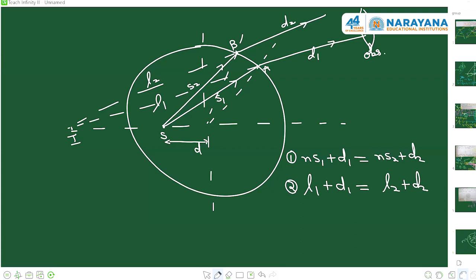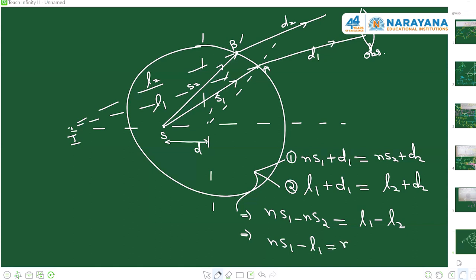These two equations we can write, one by Fermat and one by geometry directly. And from these two equations, if I eliminate the D1 and D2 terms, you are getting nS1 minus nS2 is equal to D2 minus D1, which is L1 minus L2. So practically, it seems like nS1 minus L1 is equal to nS2 minus L2.